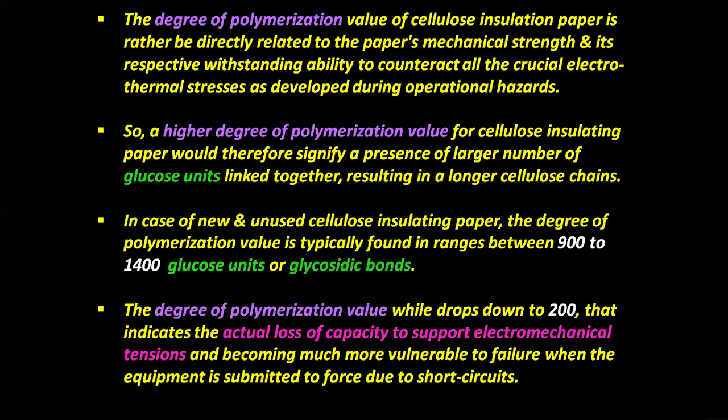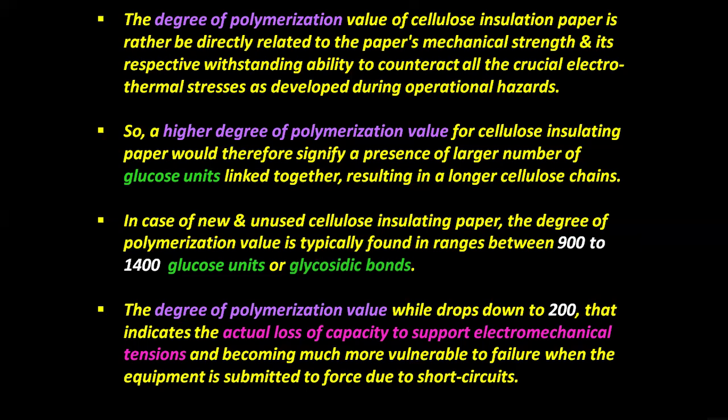So, a higher degree of polymerization value for cellulose insulating paper would signify the presence of a larger number of glucose units linked together, resulting in longer cellulose chains. In case of new unused cellulose insulating paper, the degree of polymerization value is typically found in the range between 900 to 1400 glucose units or glycosidic bonds.